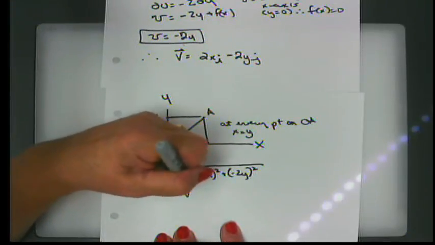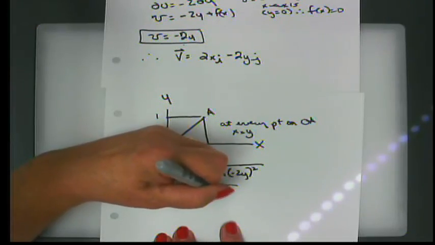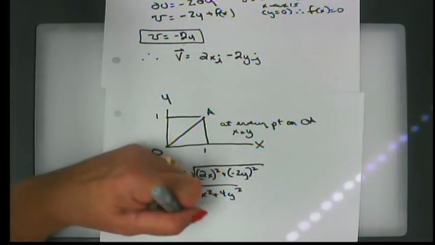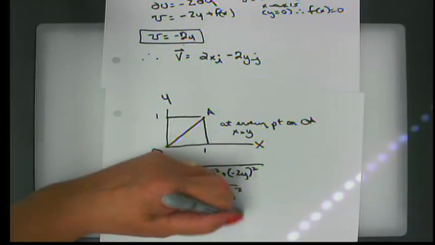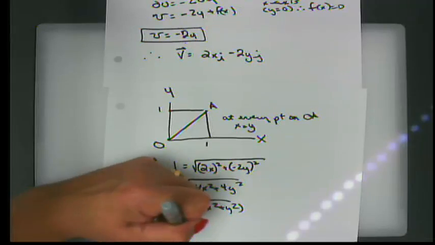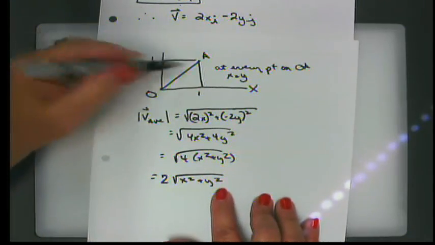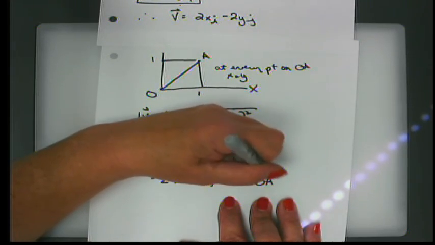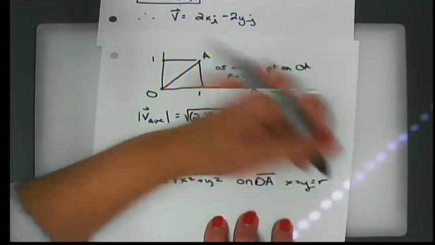So if we simplify that, we get the square root of 4x squared plus 4y squared. The 4 can be factored out, and we get 2 times the square root of x squared plus y squared. But we also know that on this line OA, x equals y. So let's just call it r.